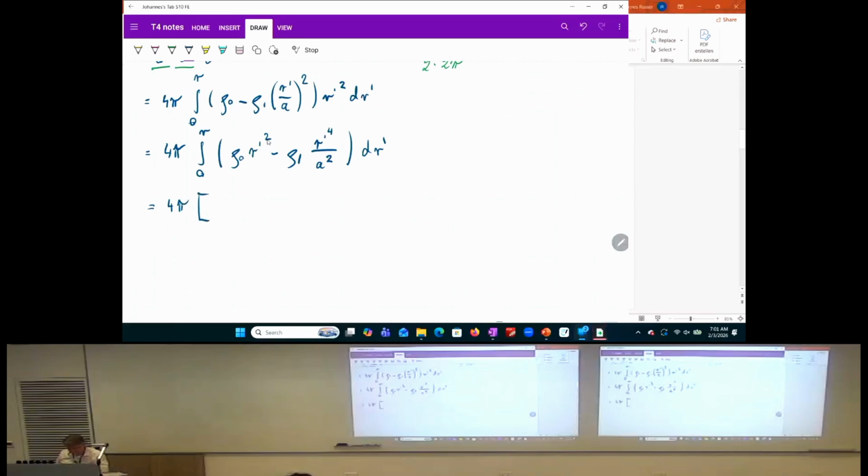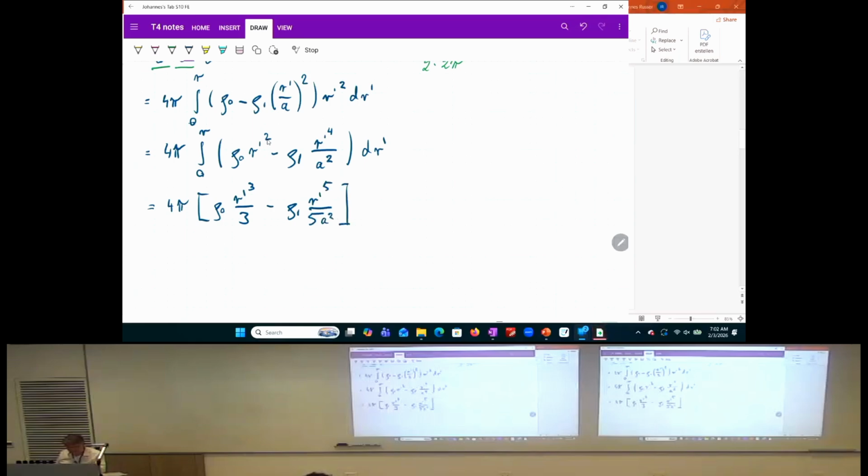We get for the first term rho 0, the r prime squared. When it's integrated, it becomes r prime to the power of 3 over 3. The second term is rho 1, and we have r prime to the power of 4, which becomes r prime to the power of 5 over 5 a square.